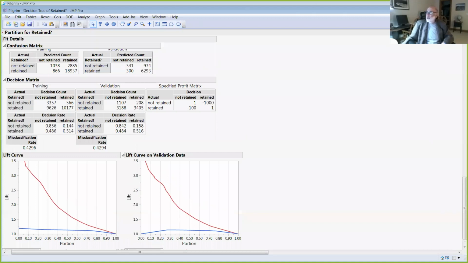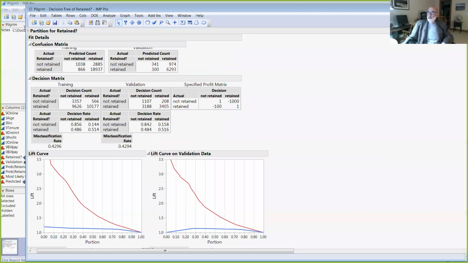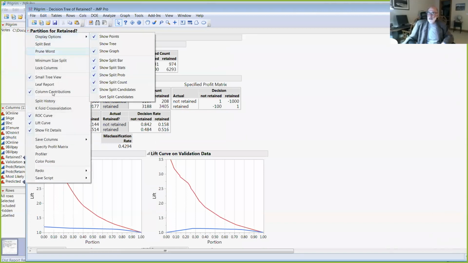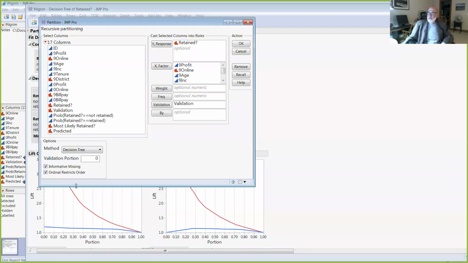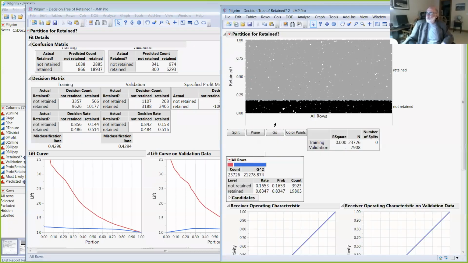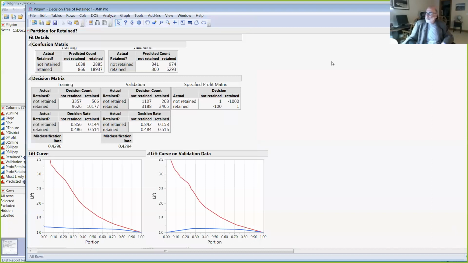Oh, it saves a column property. What I think you have to do is actually rerun this. Oh, hold on a second. Oh, it's here in the decision matrix.